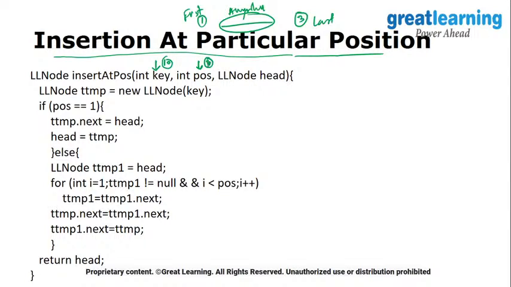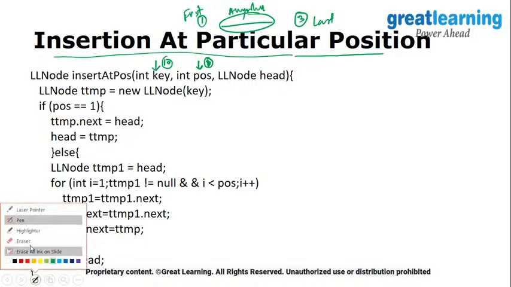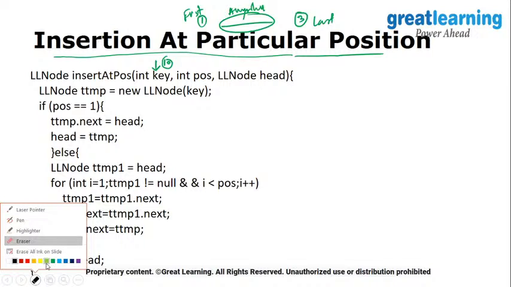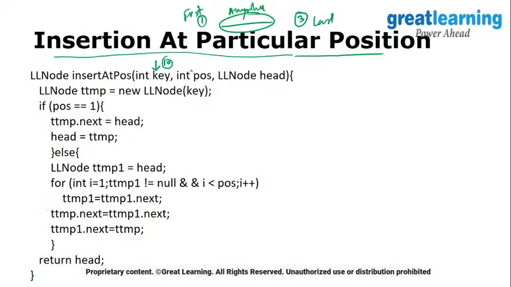Or let's suppose in the first case we will be manipulating the first position, the position where you're trying to insert. Again, head will have two cases: either it will have some element, let's suppose 200, or it will be null.